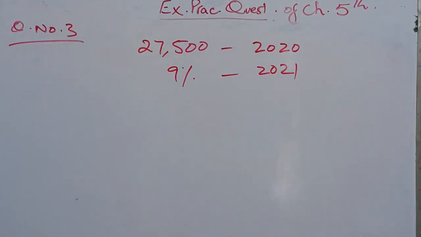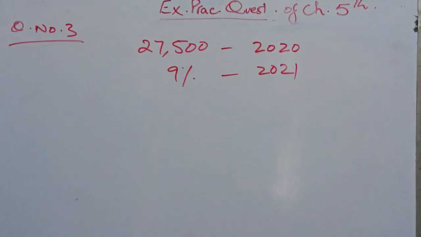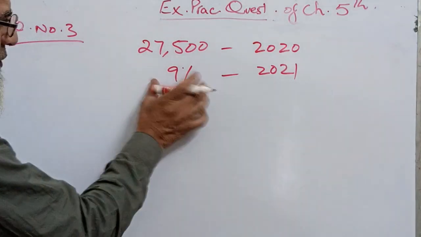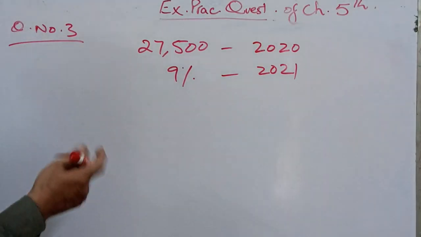Calculate how many cases there were in the second year. Now I have to calculate only this number, which is increased by 9%.